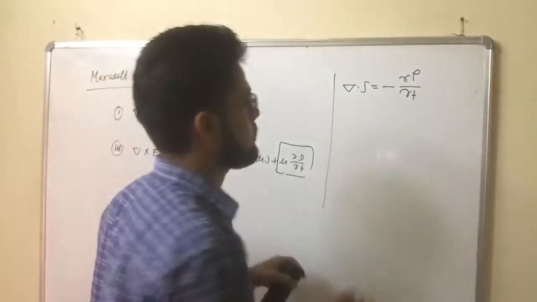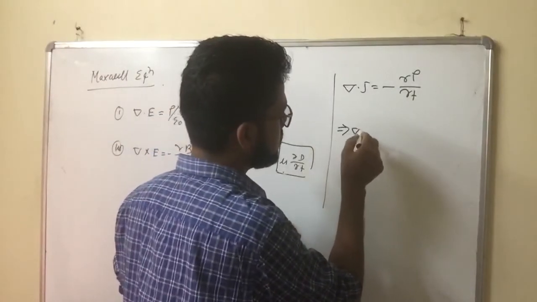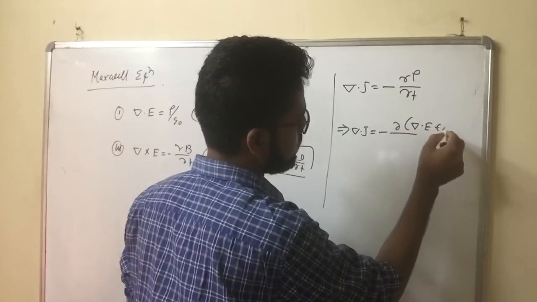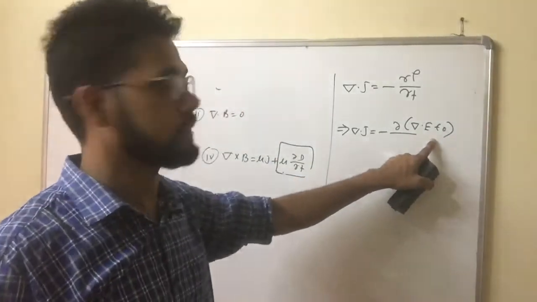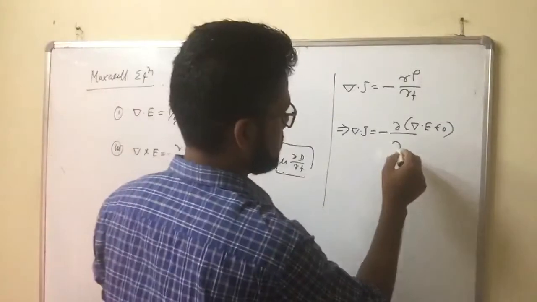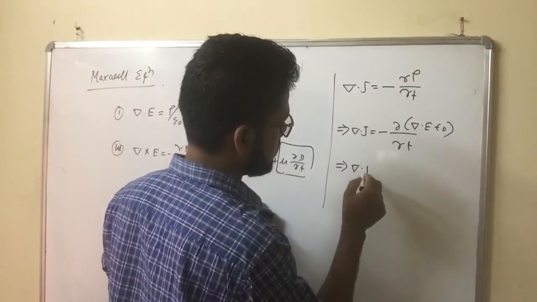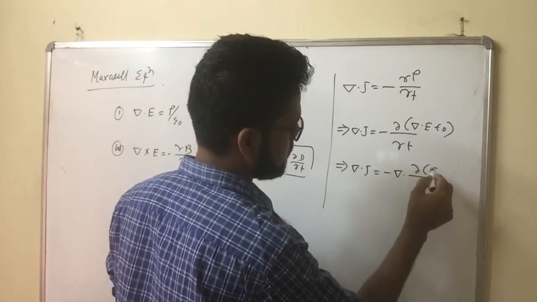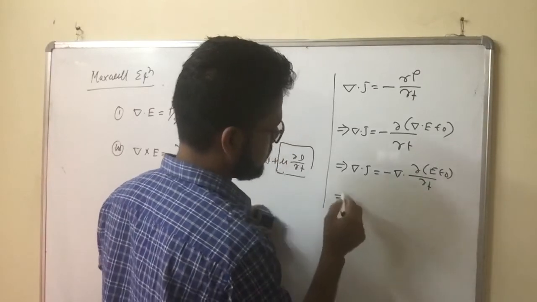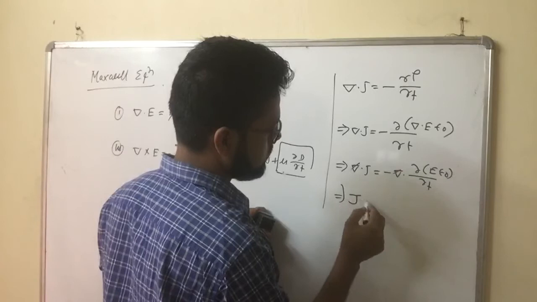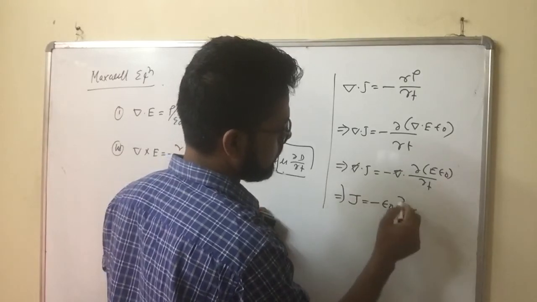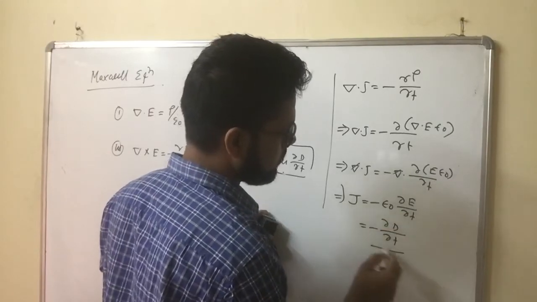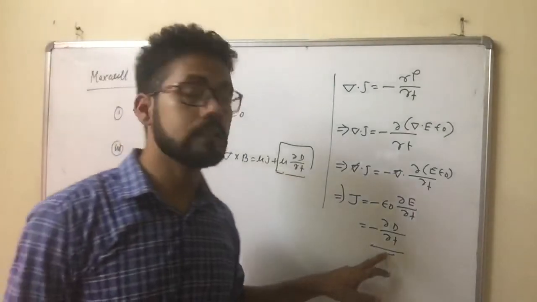This is from the Maxwell equation, the first one, differentiated with respect to t. So I can take the divergence of J equal to minus the divergence of ε₀ ∂E/∂t. So the divergence cancels, and J equals minus ε₀ ∂E/∂t. This is ∂E/∂t.